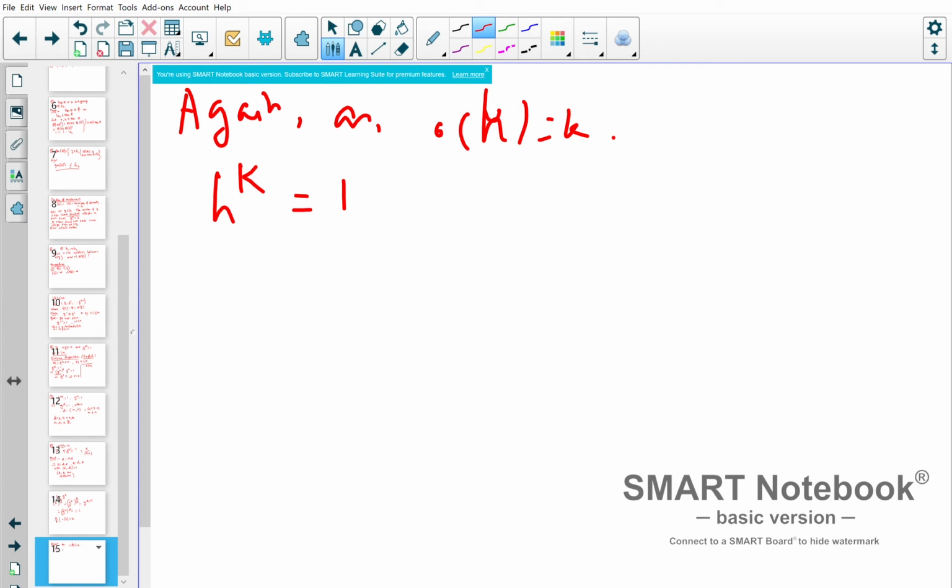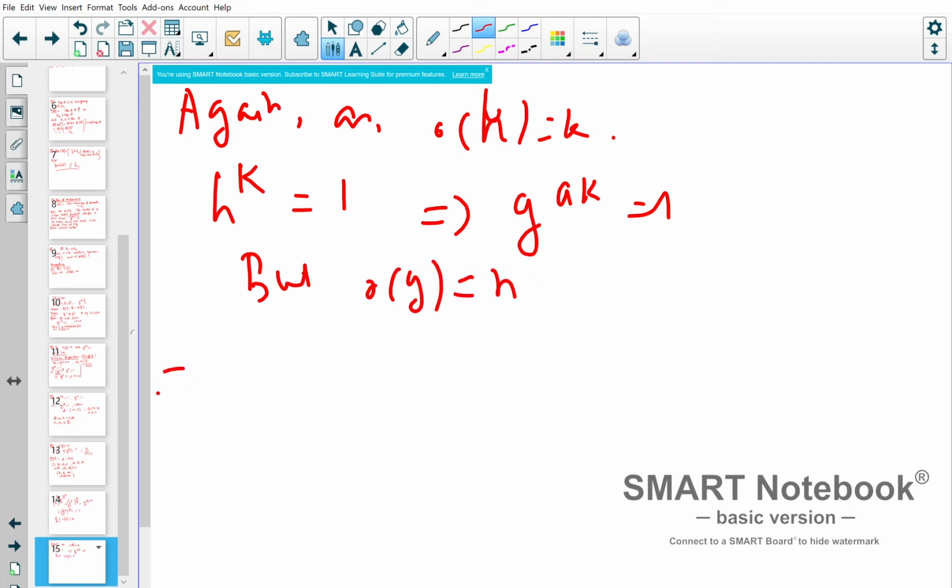But what is h power k? It is nothing but g power ak, which equals identity. But the order of g equals n, and this gives you n divides ak, because the order of an element always divides any other such exponent, right? That was proposition properties 1.